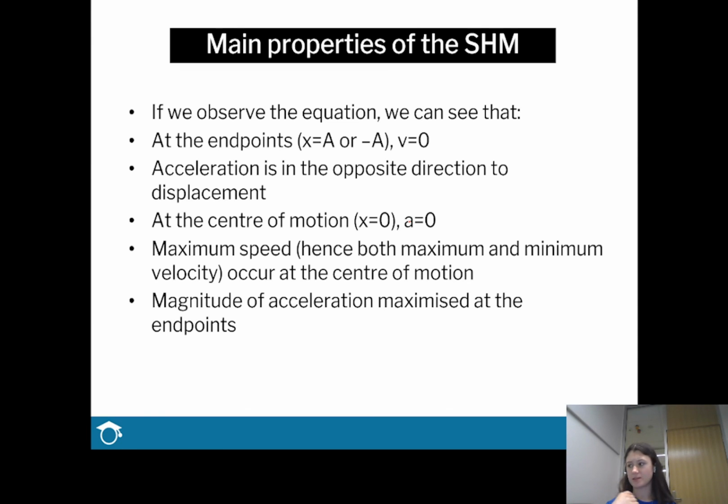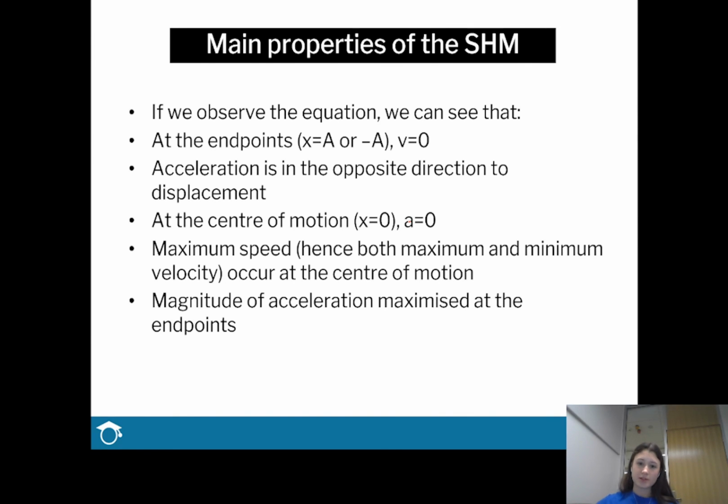Another way to think about it is similar to projectile motion. When, say, a cricket ball is moving upwards and it gets to its maximum height, it stops traveling upwards and starts traveling downwards again. Because it's changing direction, the velocity is zero.